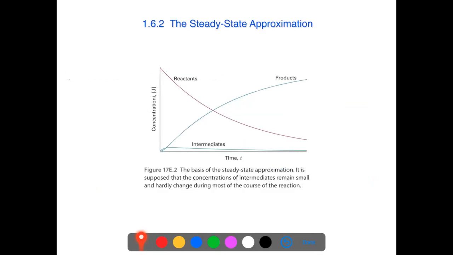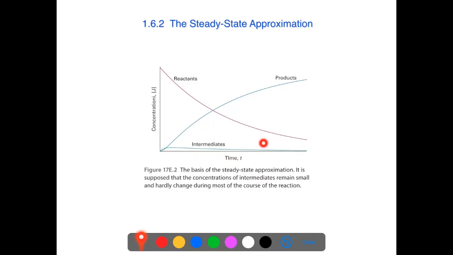And so here's a pictorial view of what we're assuming with the steady state approximation. We're assuming that, yes, there is an initial growth of the intermediates as a result of the initial decay of the reactants, but during the course of that reaction, the concentration of the intermediate is quite small relative to the concentration of reactants and products in that same reaction system, and that it's relatively constant.